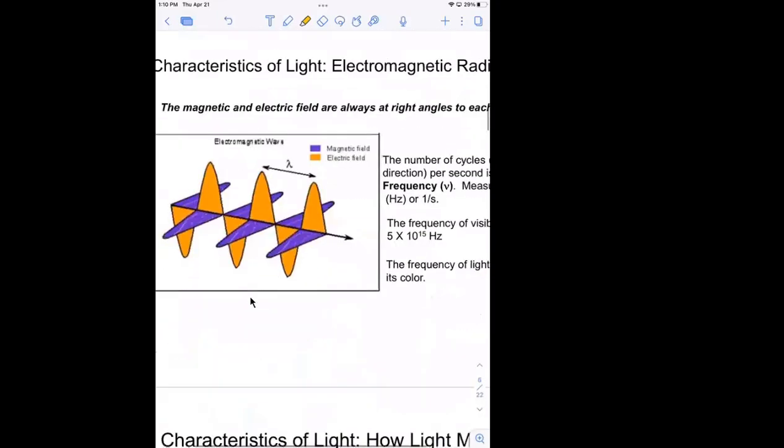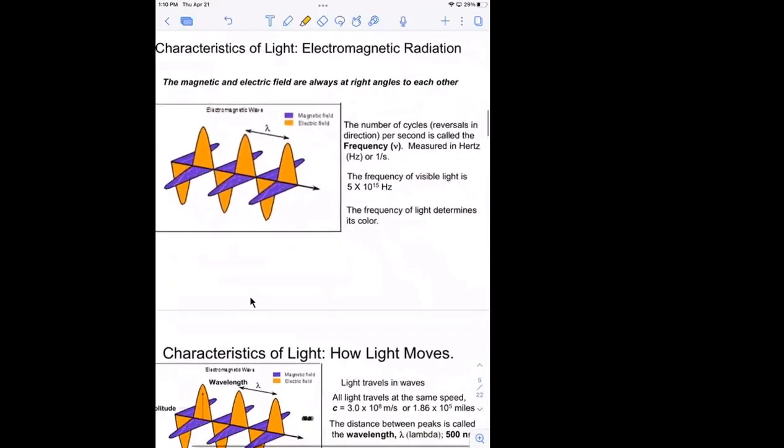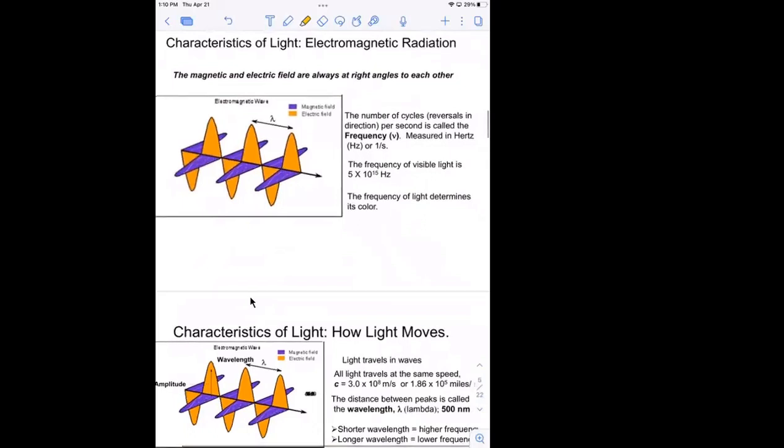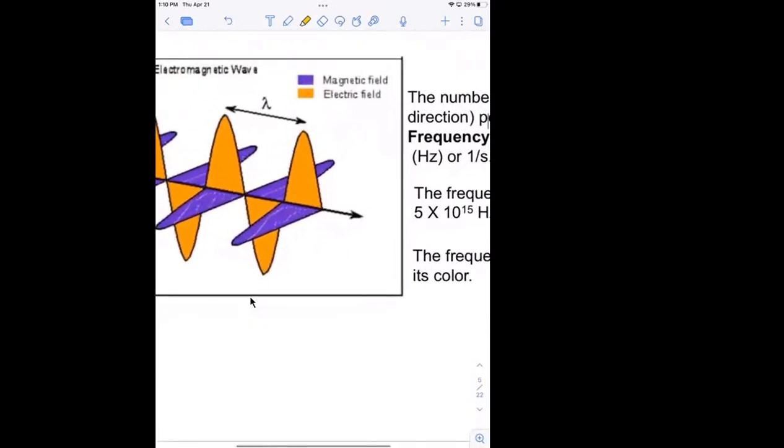And so when you think about the two fields working together, there are some definitions that we need to think about in terms of what these things mean as far as calculating the energy of light and determining the type of light that we're dealing with. One of the things to think about is depicted here, the wavelength.